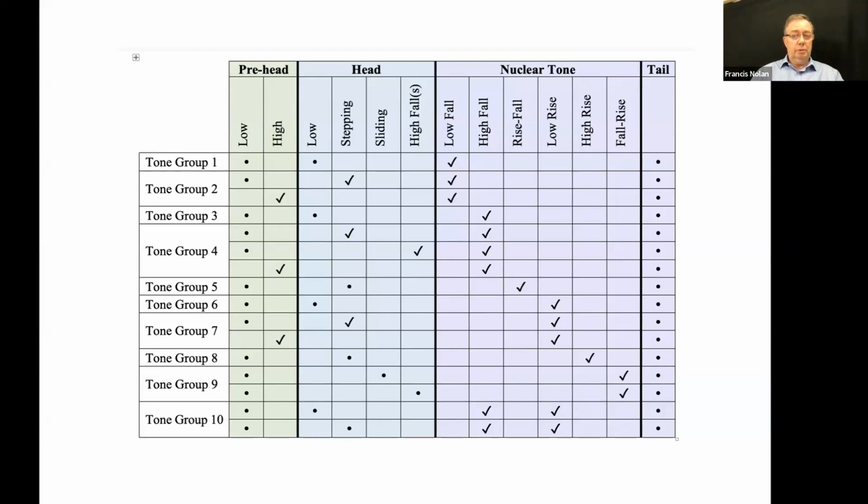I know it's a daunting table to take in at one go, but if you look down here, if the nucleus is a fall-rise with or without a tail, so a dot in the tail column, what can you do before that? Well, you can do nothing because everything in the earlier columns is a dot.